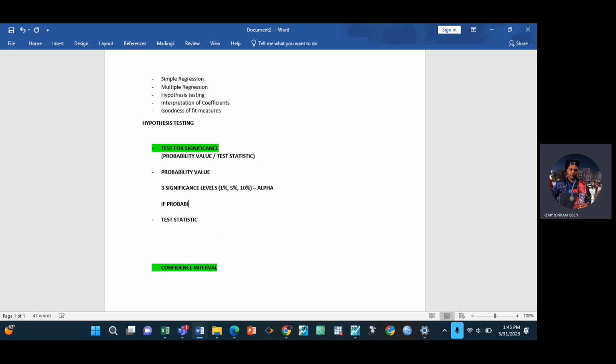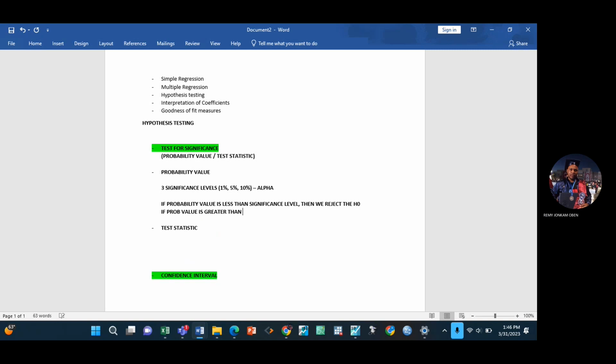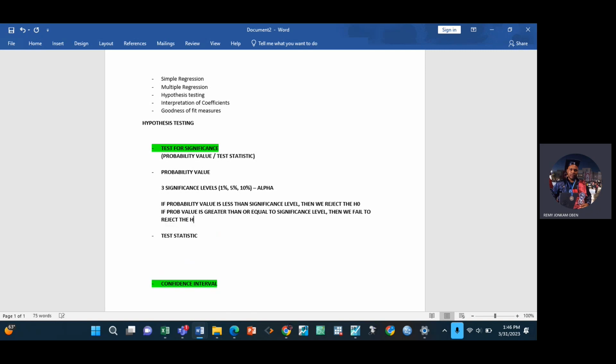If probability value is less than significance level, then we reject the null hypothesis, right? If probability value is equal to significance level, then we fail to reject the null.